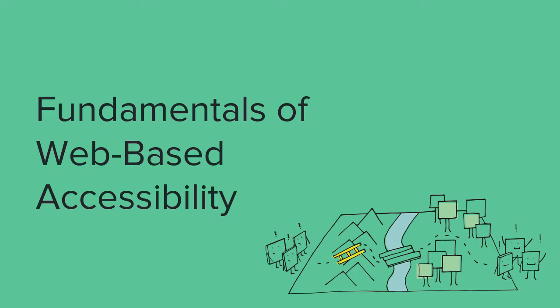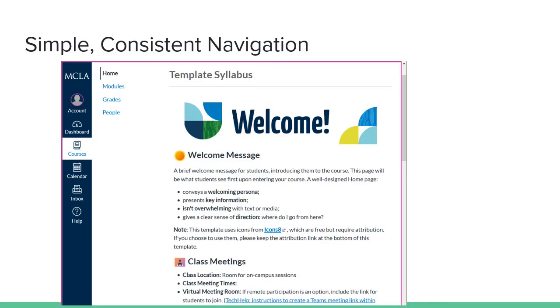So for example, if you have a visually impaired student who is using a screen reader to read websites out loud and navigate the web in that way, you will need to integrate that into your course design decisions to make sure that your course is accessible to all students. Our first fundamental is simple, consistent navigation.